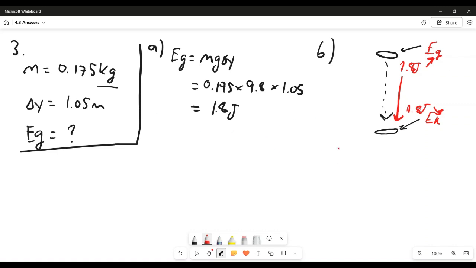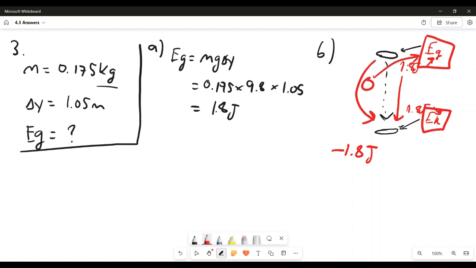So the change will simply be minus 1.8 joules, right, because we're basically converting all of this gravitational potential energy into kinetic energy. And so once it reaches the bottom over here, there will be 0 gravitational potential energy. Thus 1.8 minus 1.8 equals 0. So it's going to be minus 1.8 joules.